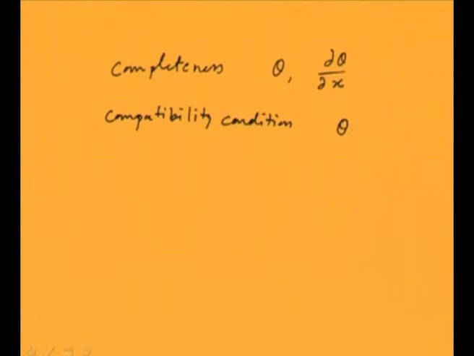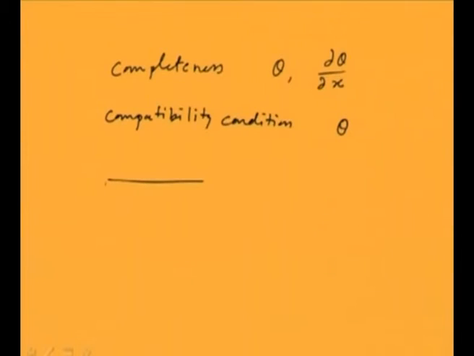Okay. So now we have seen the compatibility condition. So what we can do, we can come back to the element here, and because we require compatibility up to the first derivative, at each node we can assign one variable, that is theta 1 and theta 2, this for element 1.